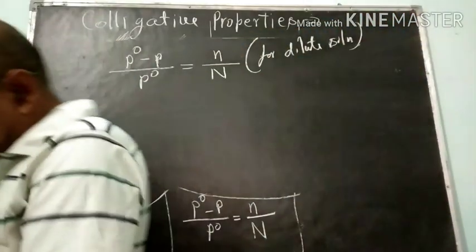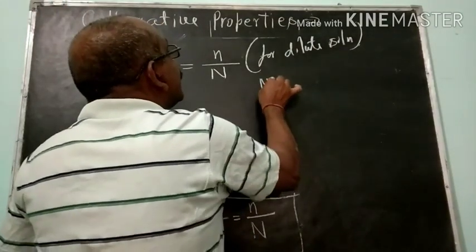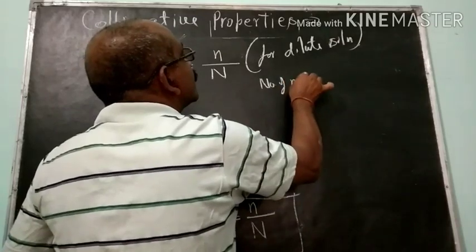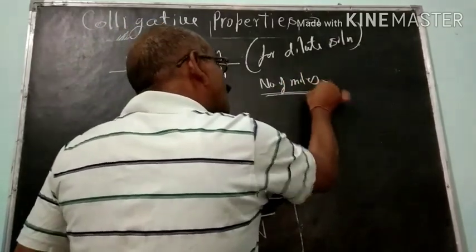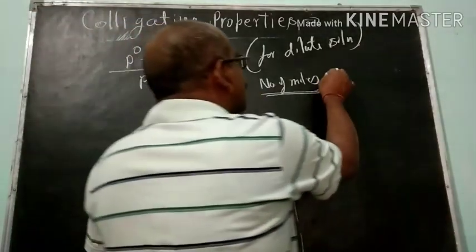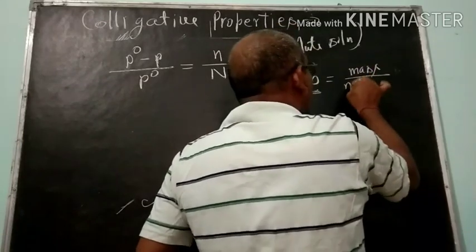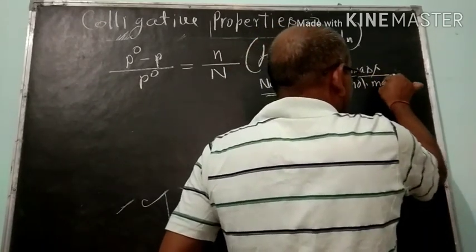Now you know, how are the number of moles calculated? The number of moles is equal to mass over molecular mass.